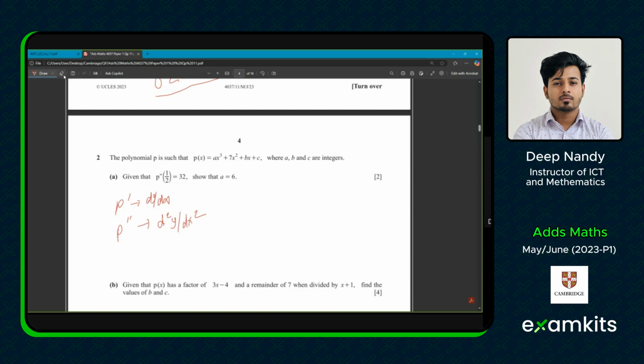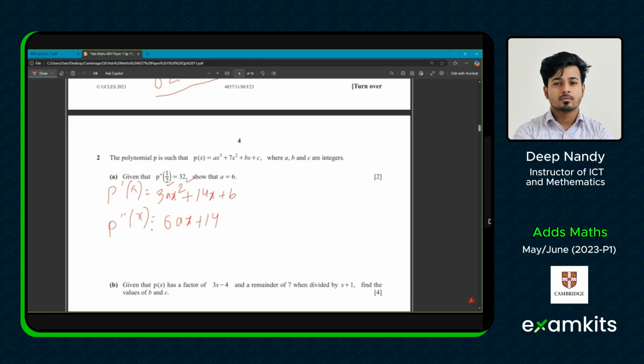So now we're going to solve this. First, p prime of x is 3ax square plus 14x plus b. P double prime of x equals 6ax plus 14. We are given that the value of x here is half and it gives the result 32.